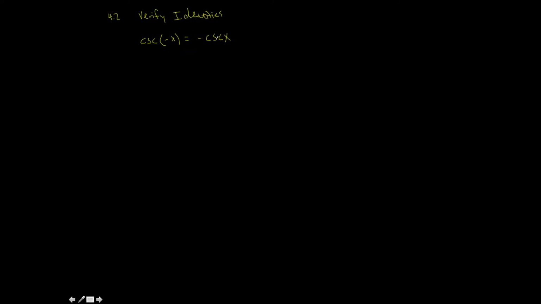So every step you take, you need to keep in mind what you're trying to get on the other side of the equation. Okay? So as I work this problem, I need to remember that I'm trying to get a negative cosecant x.